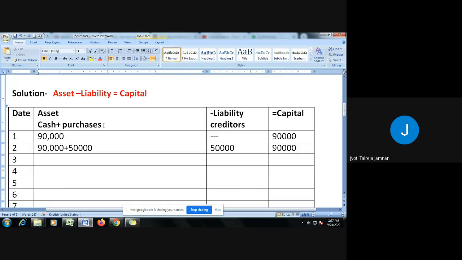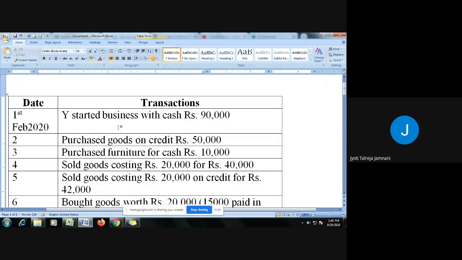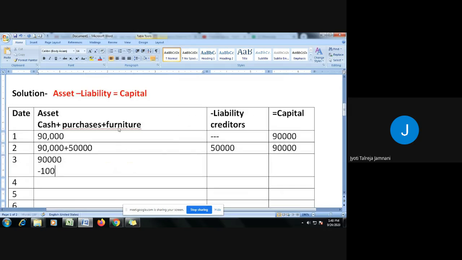So under your assets, a new asset will get added now, and from cash 90,000 rupees, now you have to minus the cash for furniture, and that was 10,000 rupees. So minus 10,000. So your cash balance will be equal to 80,000 rupees.